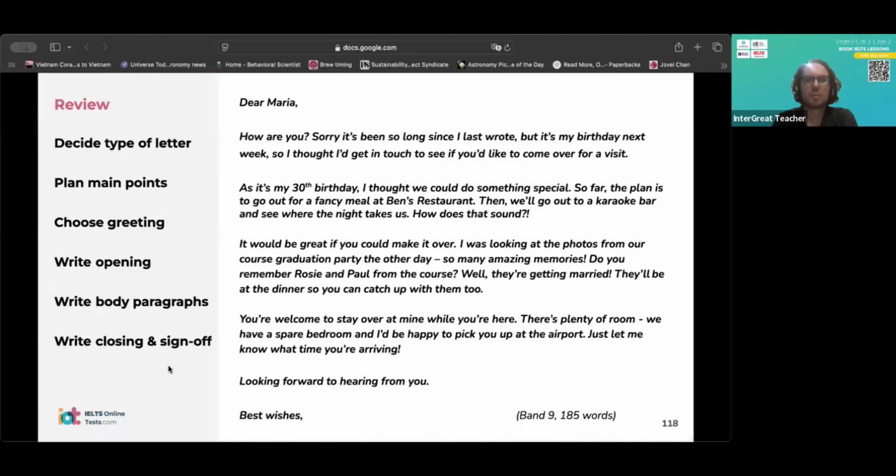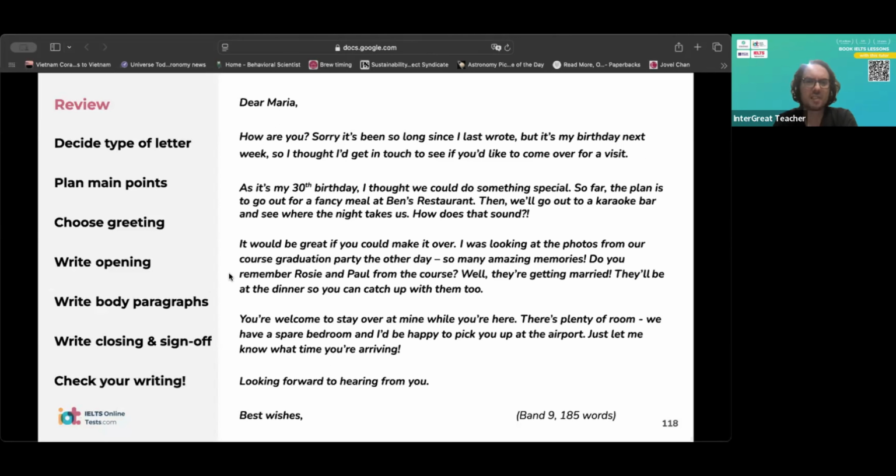With task achievement, they will see, is the student writing about the question that I gave to them? Did they answer directly? Are they including all of these typical things that you need to do in a letter? If you do both of those things, then you should be in a good position.